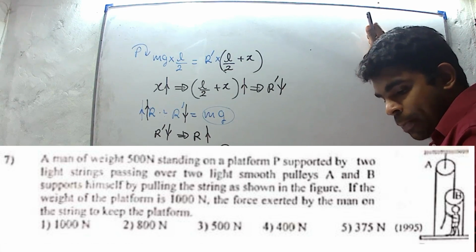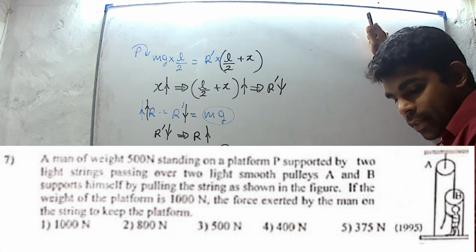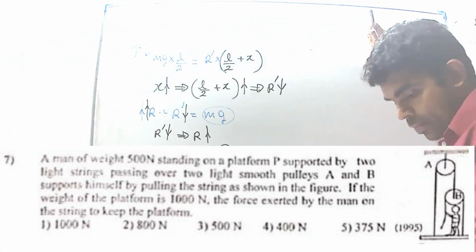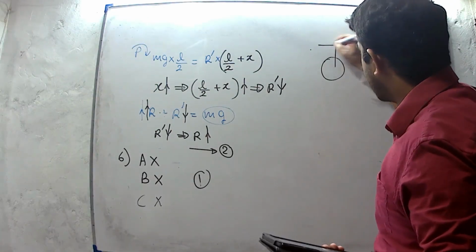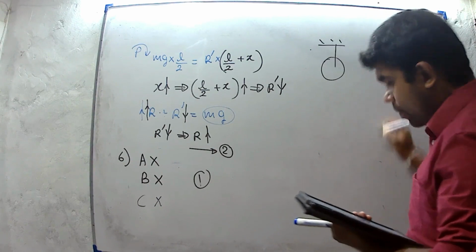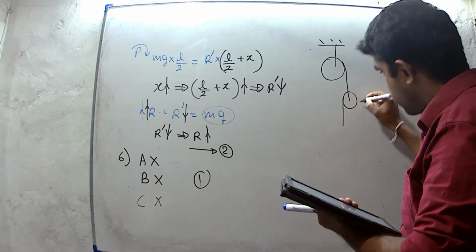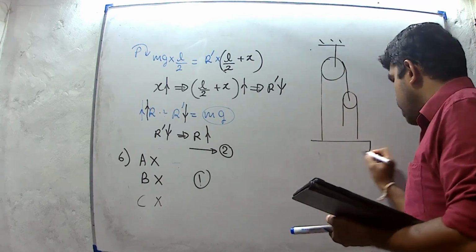If the weight of the platform is 1000 Newton, find the force exerted by the man on the string to keep the platform in equilibrium. I will draw the diagram. It is like this. There are 2 pulleys. This is the platform.